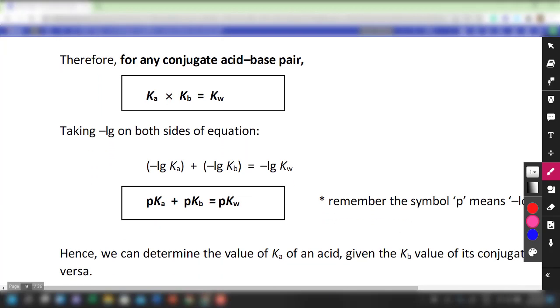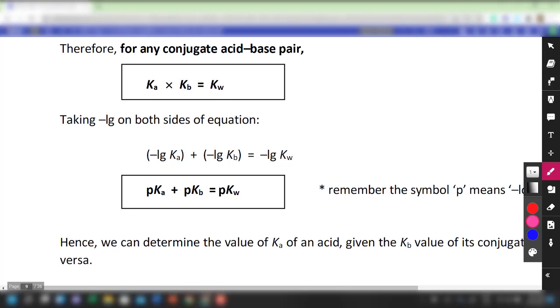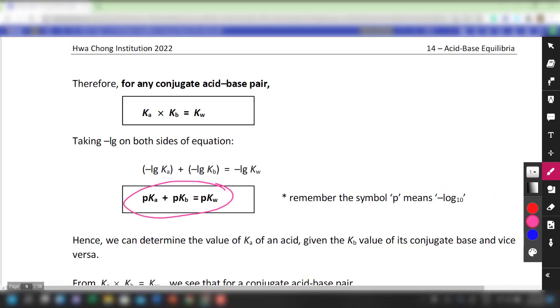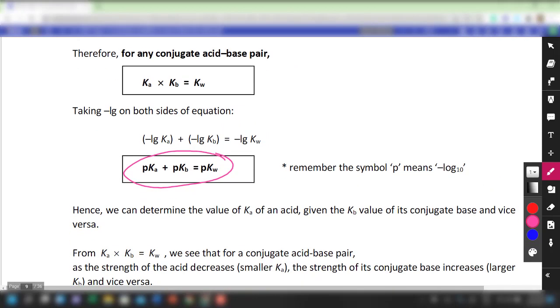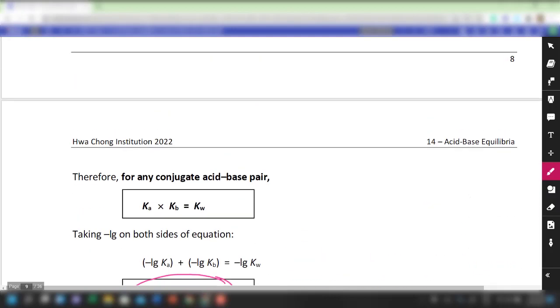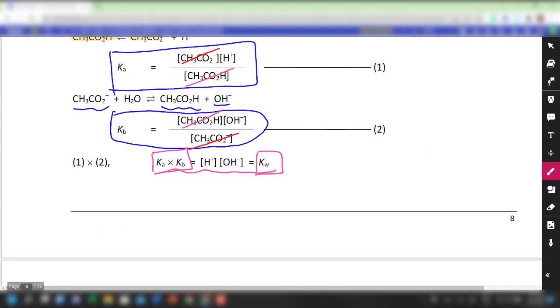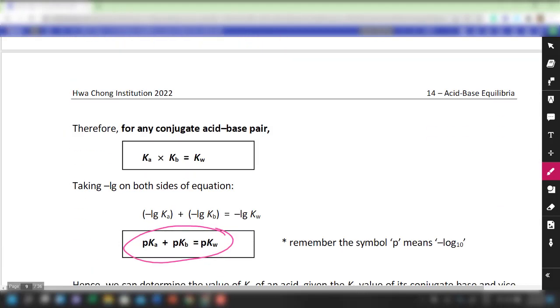After that, when you take the negative log base 10 of Ka and Kb and Kw on both sides, you end up with pKa plus pKb equals pKw. Sometimes when students reach here, they get super confused because there seem to be more equations to memorize, but honestly, you do not need to memorize this.